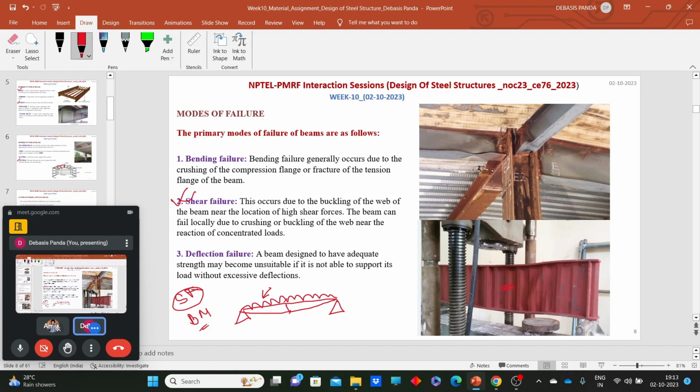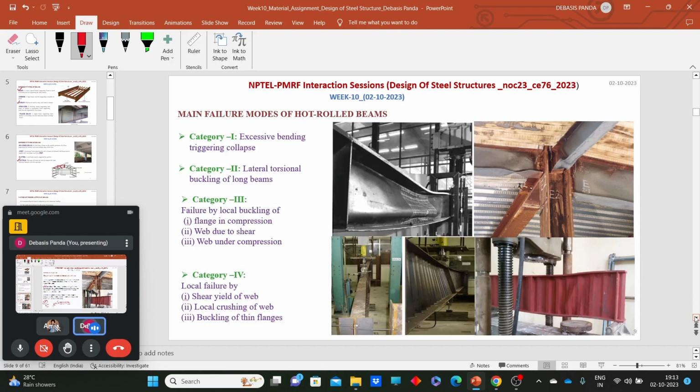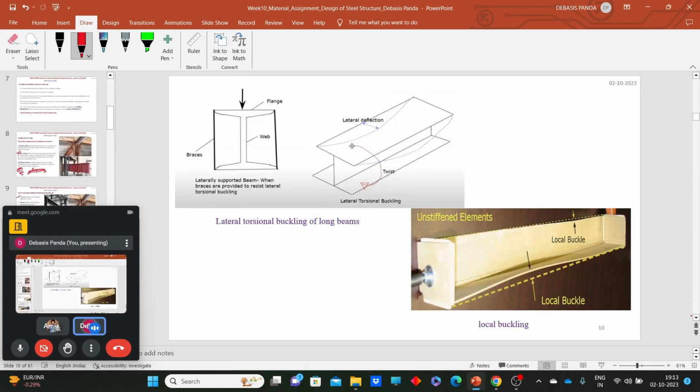Now if we categorize further, say for an I beam or I section, what will be the modes of failure? First, we need to check against excessive bending, due to bending moment. Now one more phenomenon can occur in beams, particularly long beams, that we call lateral torsional buckling.